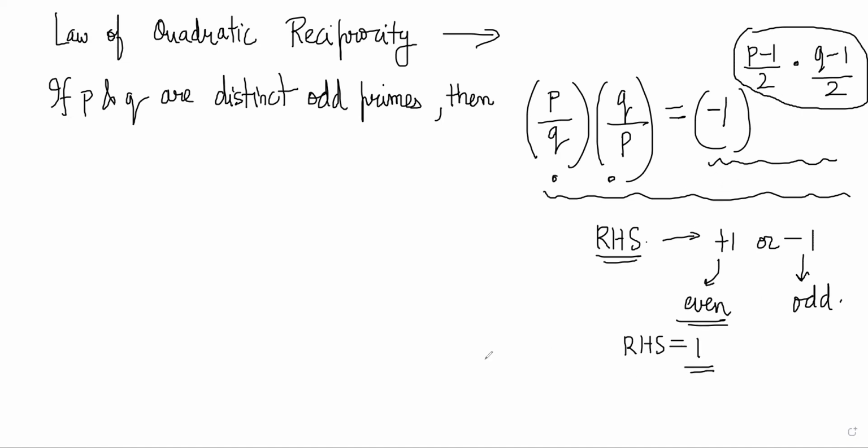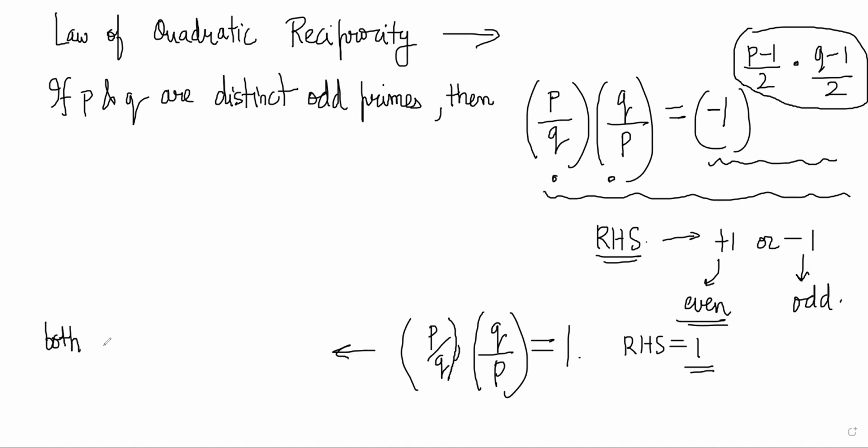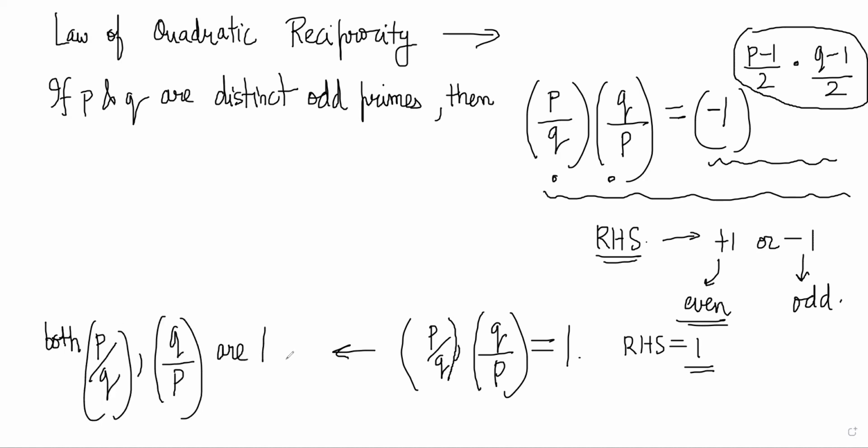If the RHS is +1, that means the Legendre symbol P over Q multiplied by Q over P is +1. That means both P over Q and Q over P are 1, or both are -1, right?